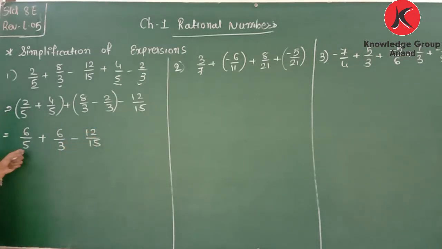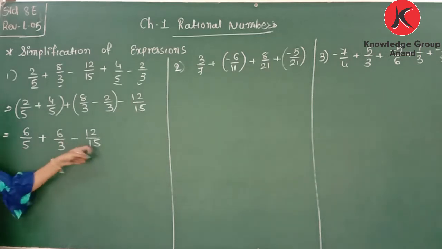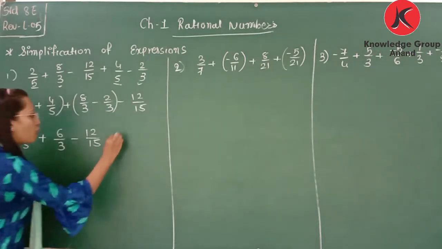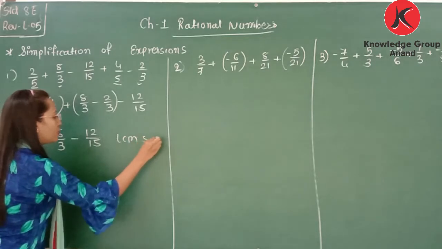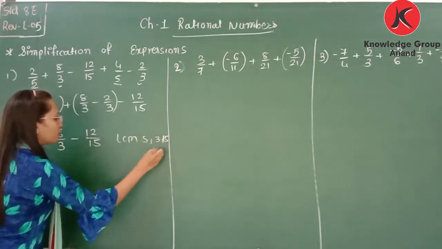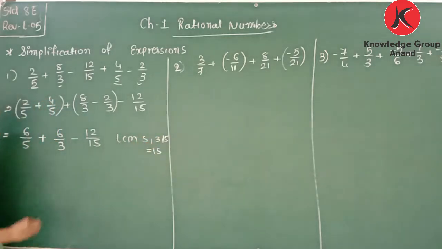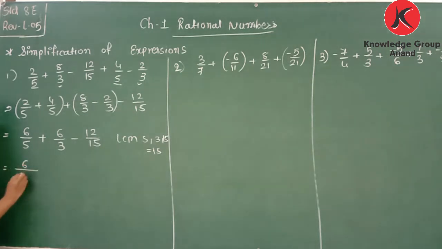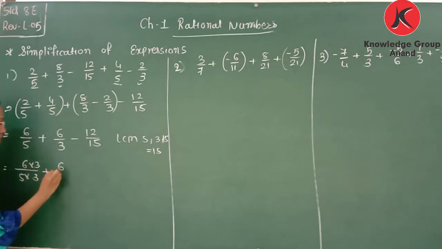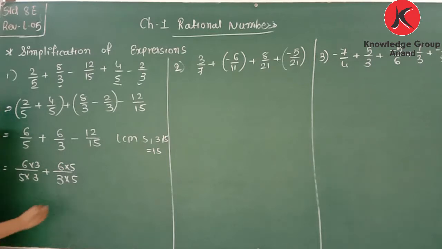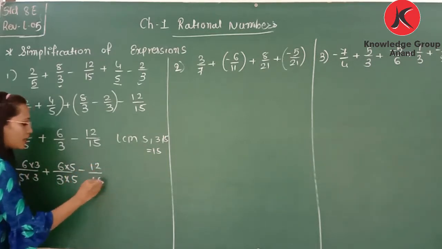Now here you can see the denominators are 5, 3 and 15. If you take the LCM of 5, 3 and 15, that is 15. So which number should we multiply with 6 by 5? 6 by 5 needs to be multiplied with 3. 6 by 3 needs to be multiplied with 5 to get denominator 15, and 12 by 15 as it is.